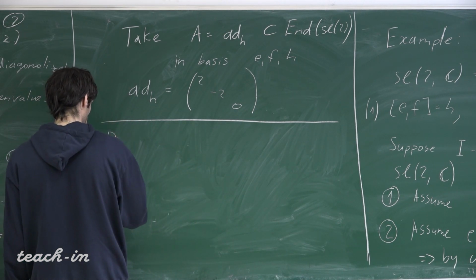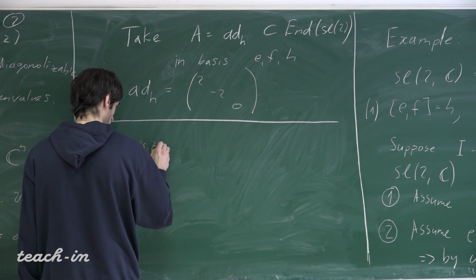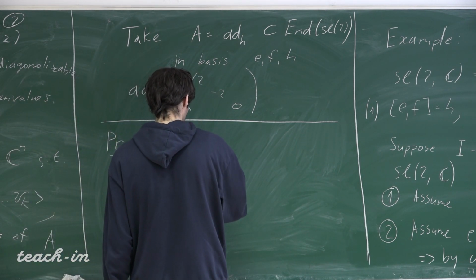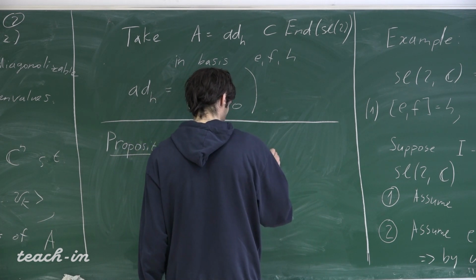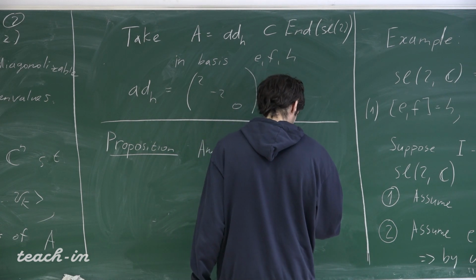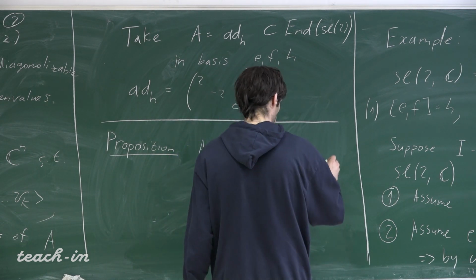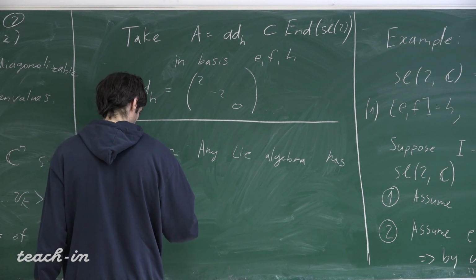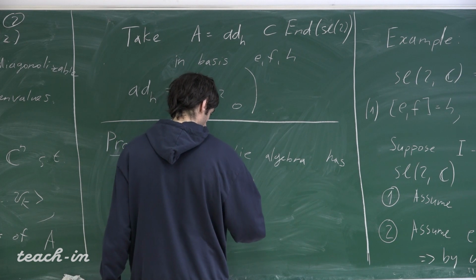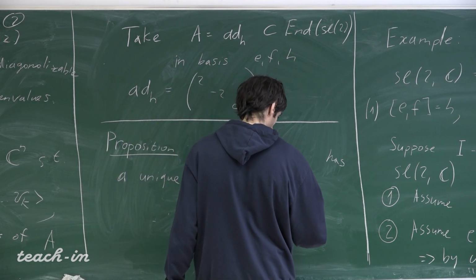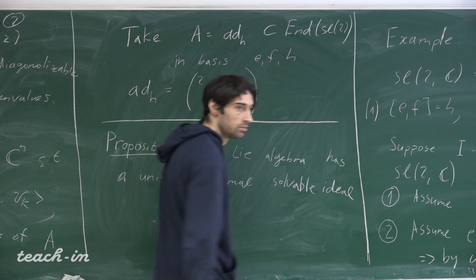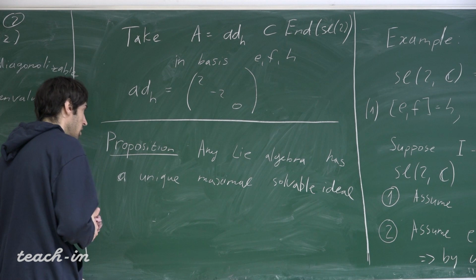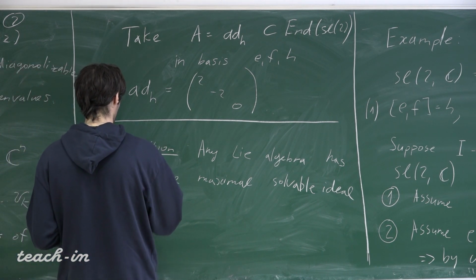Proposition: any Lie algebra has a unique maximal solvable ideal. Let's prove this.